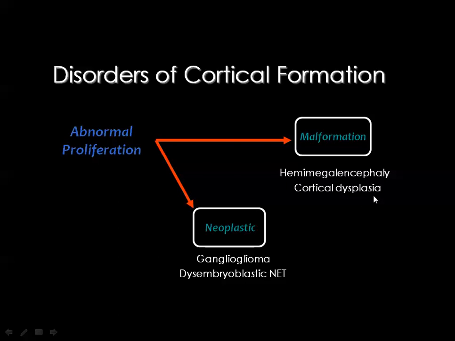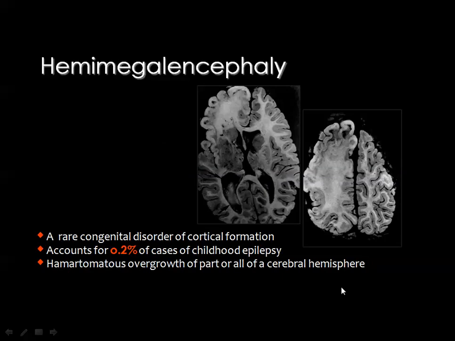Then also congenital tumors may result from increased proliferation of the cells, and these include the ganglioglioma and the dysembryoblastic neuroepithelial tumor.